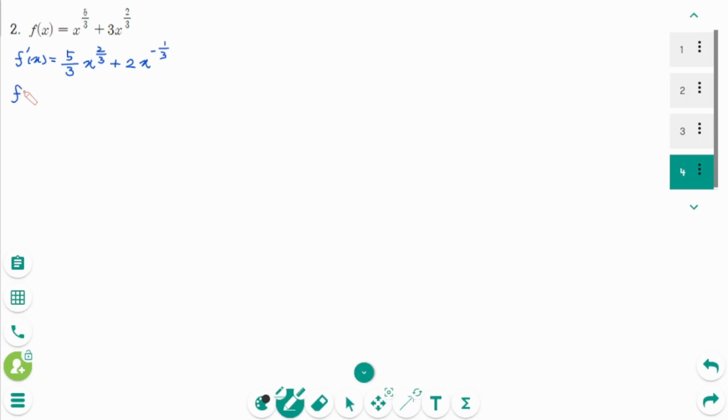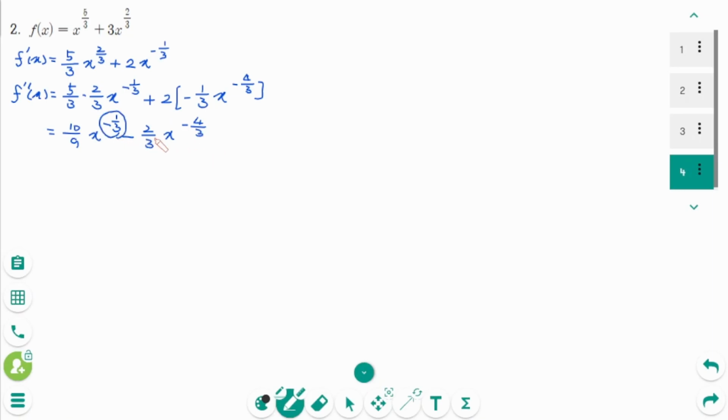Use this. f second prime of x equals 5 over 3 times 2 over 3 x to the power of minus 1 over 3 plus 2 times minus 1 over 3 x to the power of minus 4 over 3. Then 10 over 9 x to the power of minus 1 over 3 minus 2 over 3 x to the power of minus 4 over 3.